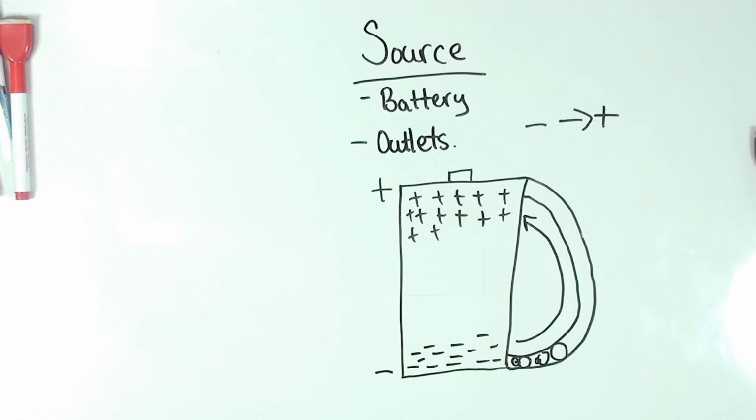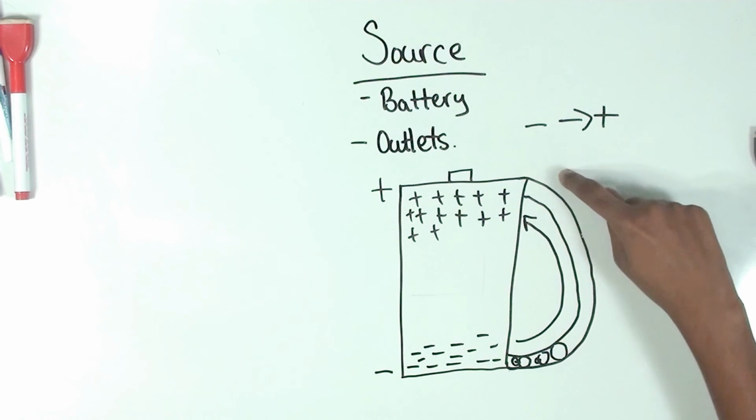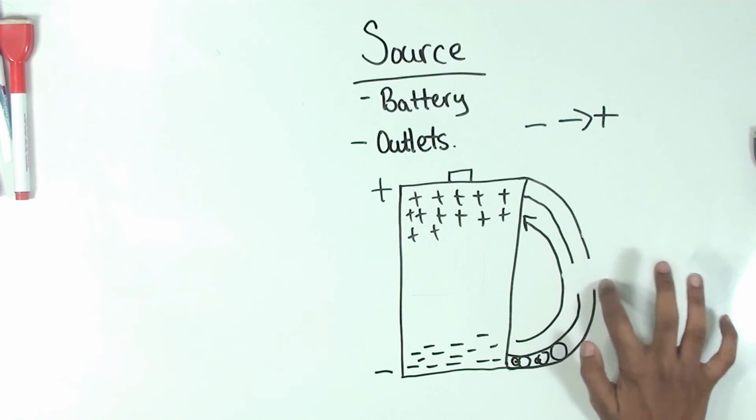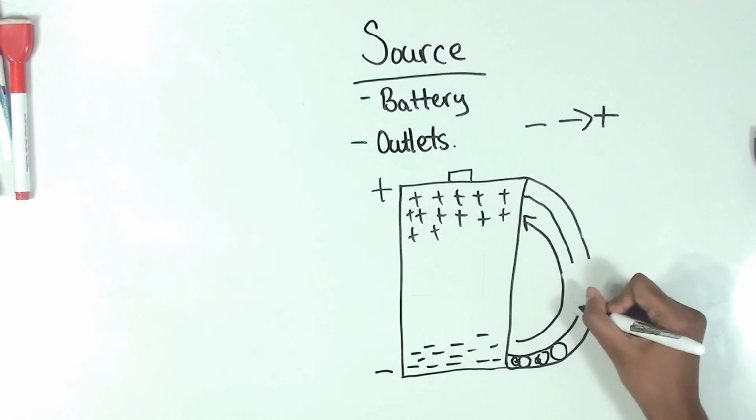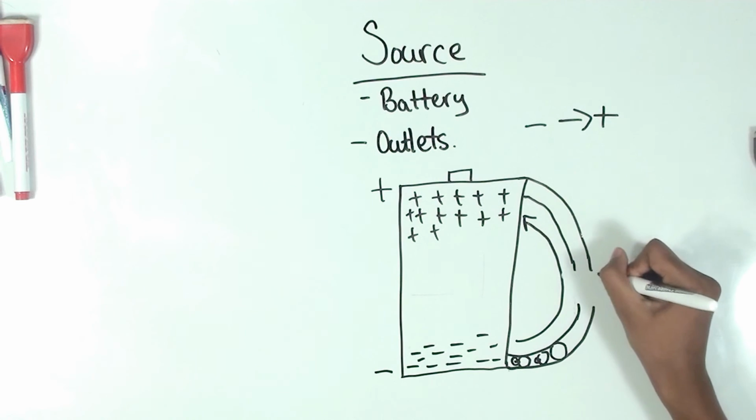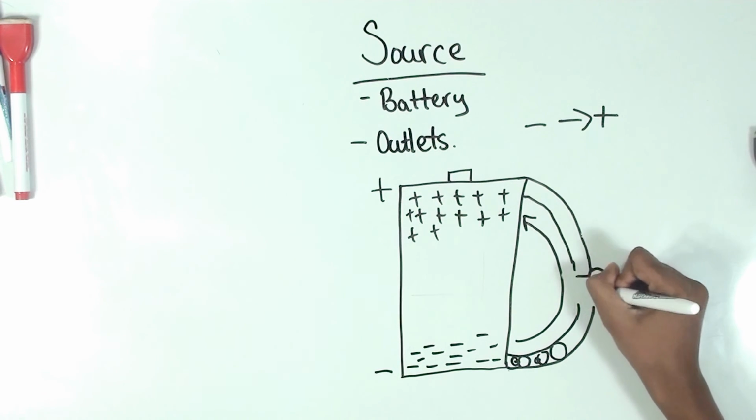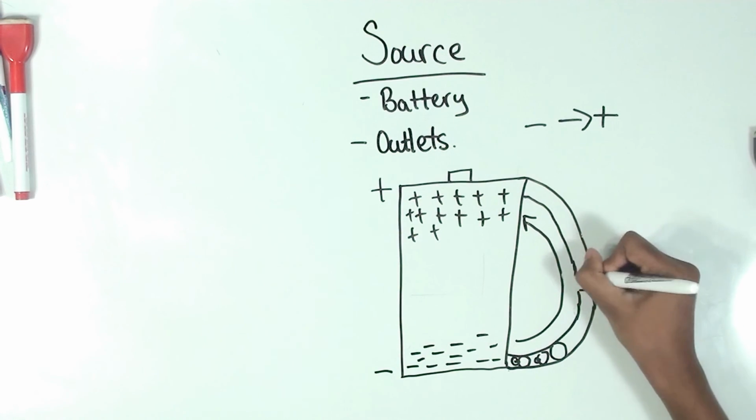Now usually you wouldn't connect the wires to each end of the battery. You would usually have something in the middle that you'd want to get an output from. So let's say you have a light bulb which you want to light up.